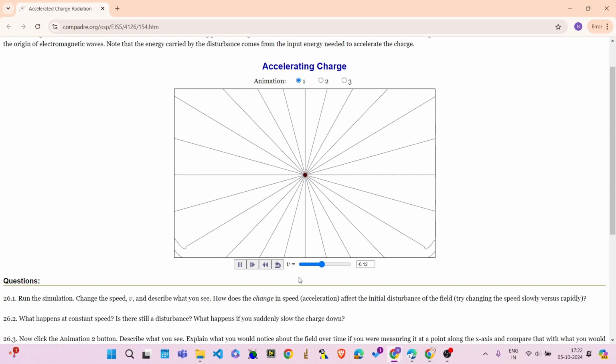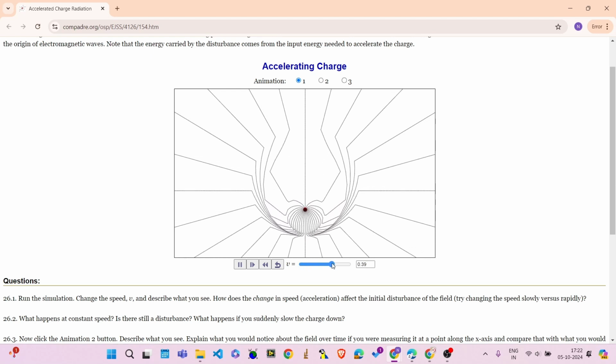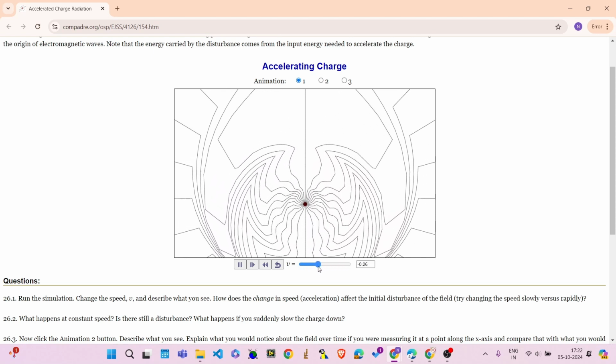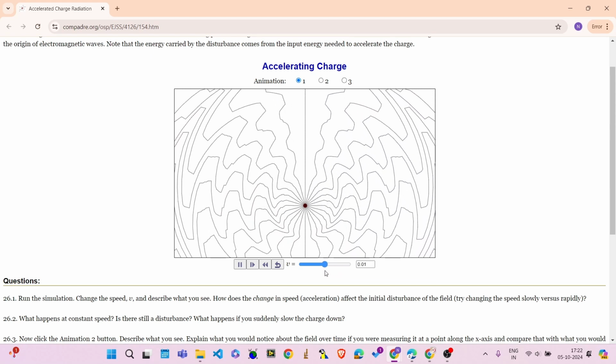By changing the velocity, what we have done is give it some acceleration, because delta v is not zero with time.